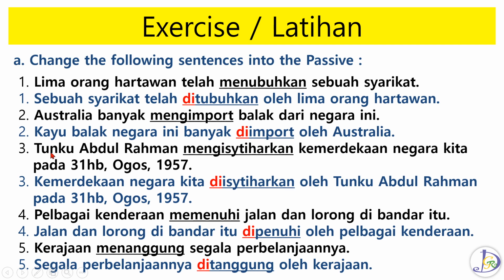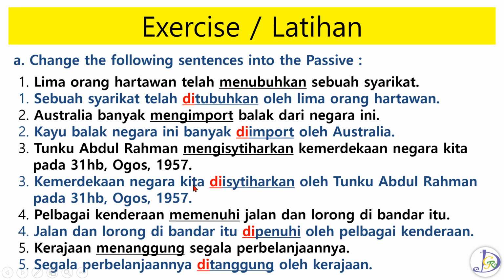3. Tunku Abdul Rahman mengisytiharkan kemerdekaan negara kita pada 31 hari bulan Ogos 1957. Tunku Abdul Rahman declared our country's independence on 31st August 1957.